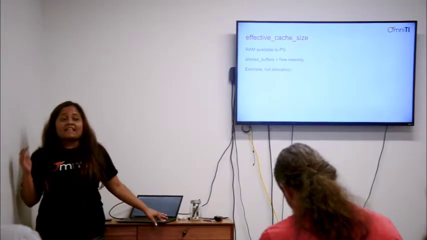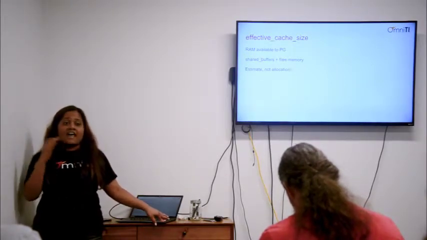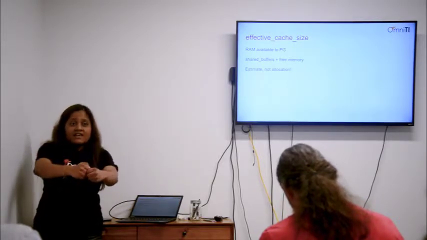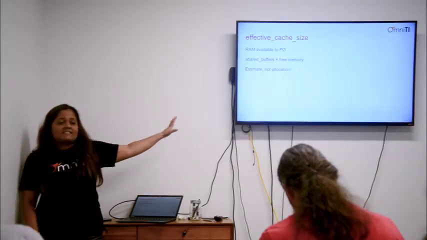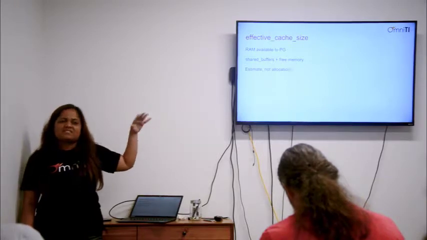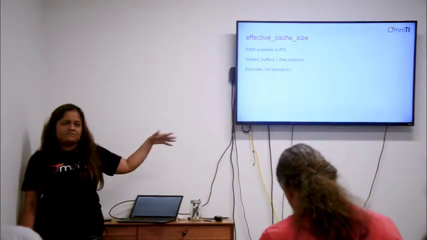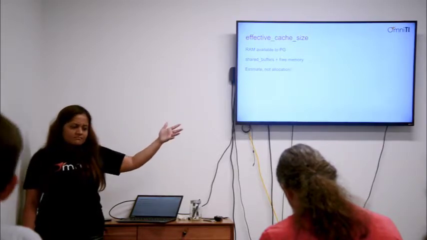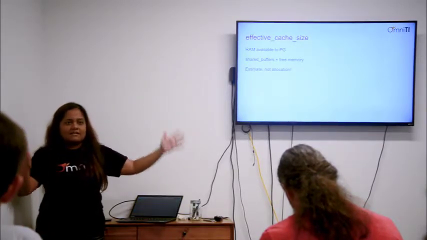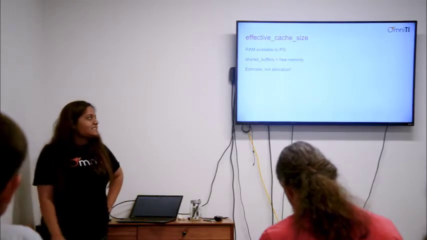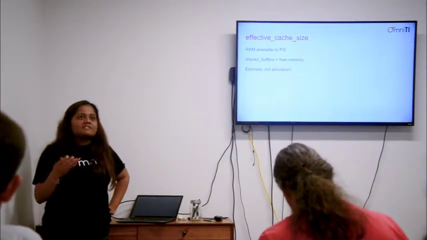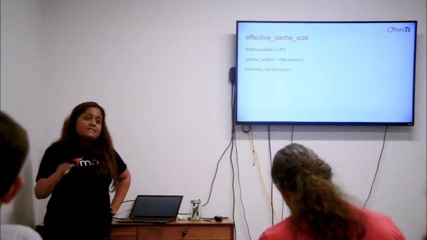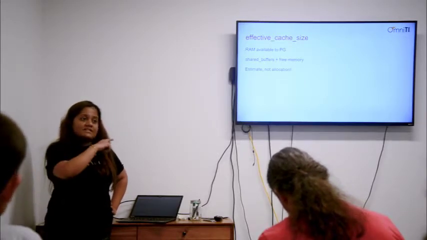Unlike shared buffers, which is a hard allocation of memory that Postgres will acquire at start time, this is just basically an estimate. So you're just telling Postgres, this is how much you have available at your service, and it's possible that Postgres is not actually able to use that, but that's not relevant for this setting.